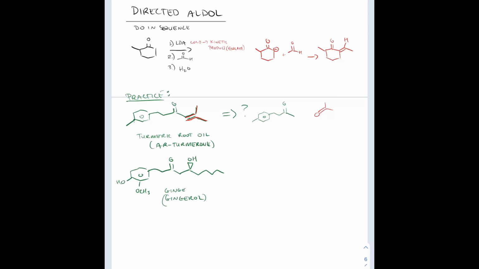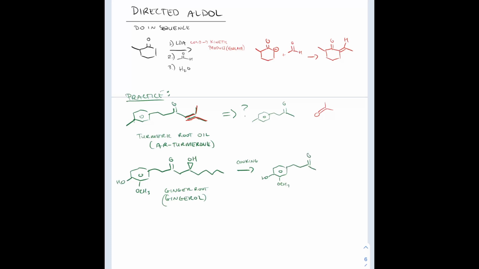This comes from a root also, the ginger root. The chemical compound is gingerol, and this one's cool because it's a beta hydroxy carbonyl, and as we drew above in all of the mechanisms, we have equilibriums occurring. If we were going to go backwards, what we would obtain is an aldehyde as well as a ketone.